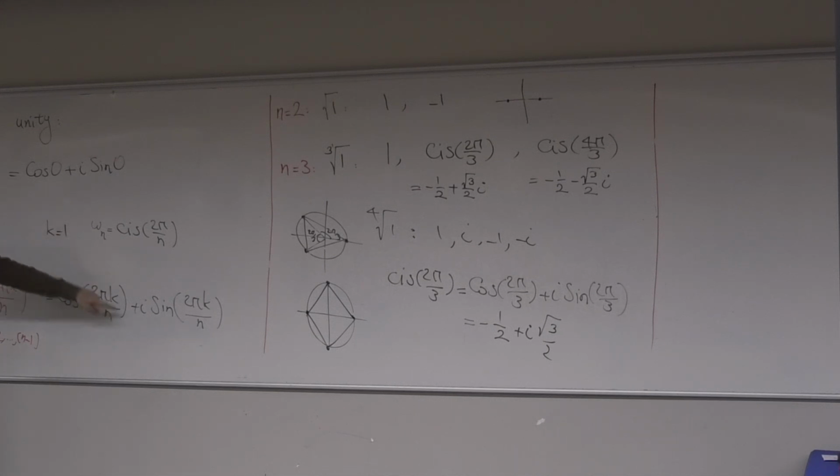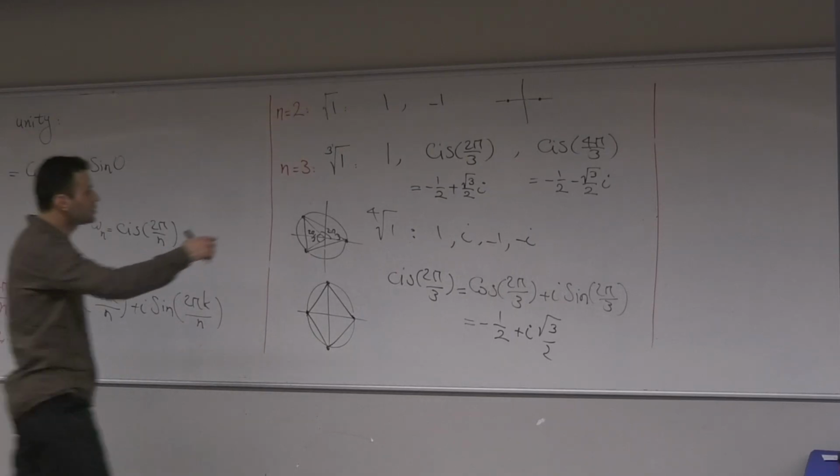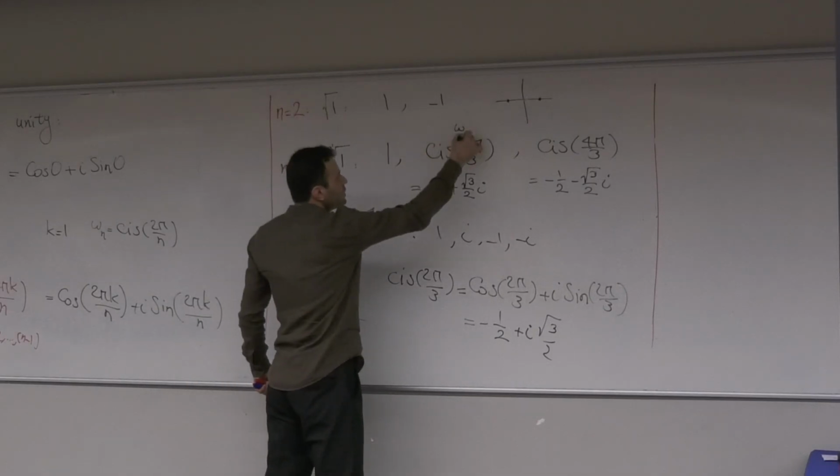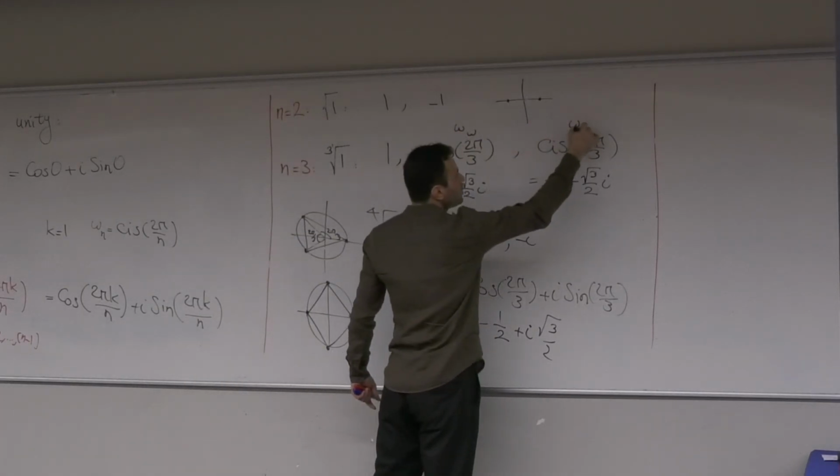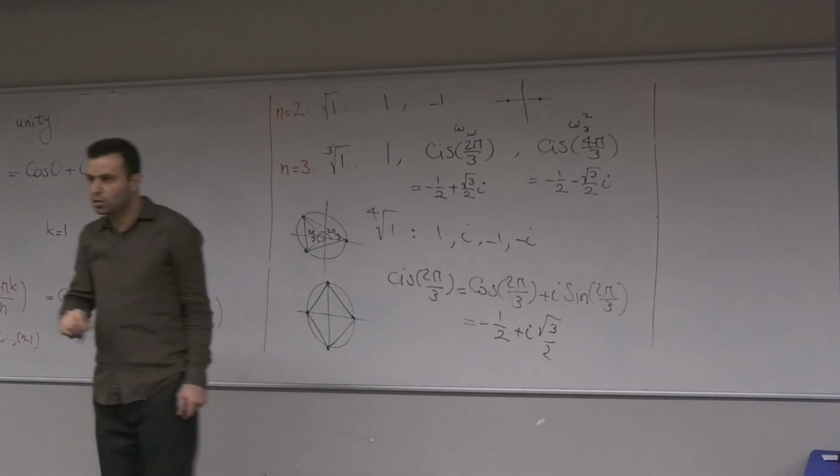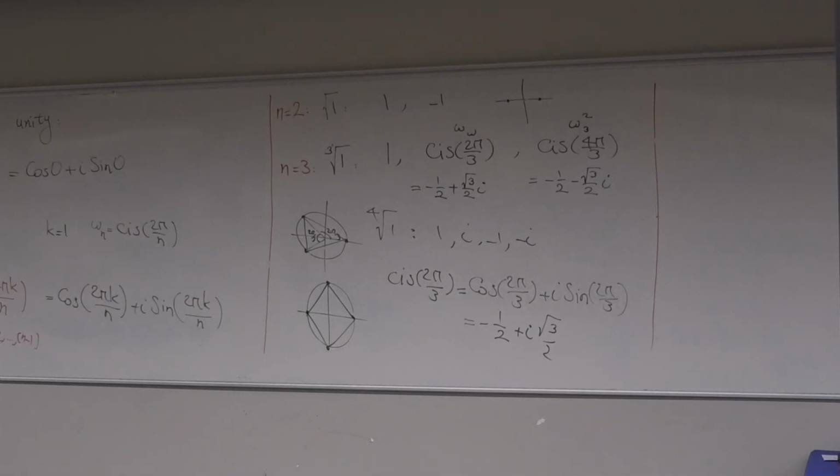If you want to find the second one, this is going to be multiplied by itself, so it is going to be w_n or omega_n to the power of 2. If you want to find the third value for the nth roots, then it is going to be this one multiplied by itself 3 times, or w_n to the power of 3, and so on and so on. Okay? So for instance, this is 1, this is w_3, this is w_3 to the power of 2. This is also a notation that you need to keep in mind. Fine? Okay.